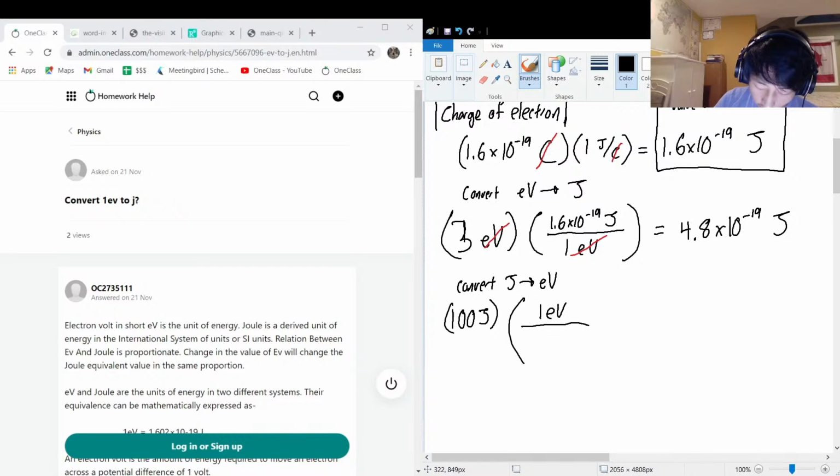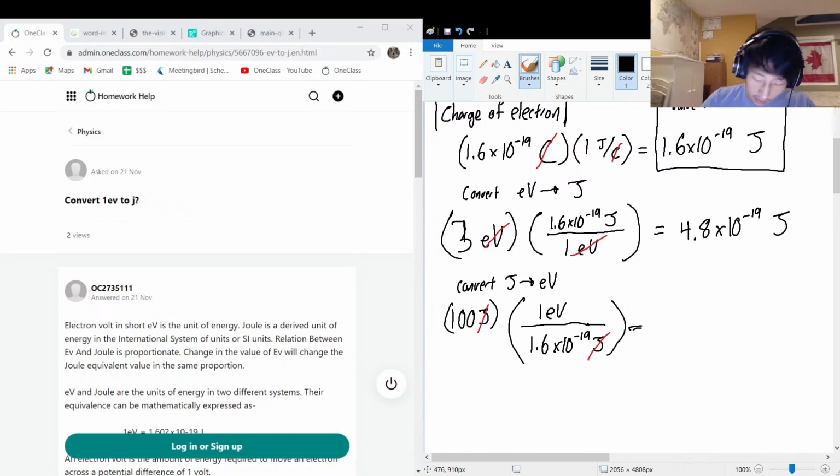So we know that we have 1 electron volt per 1.6 times 10 to the negative 19 joules. The joules on here neutralize the joules up there. And the result of this, well, pulling out the handy dandy calculator to find out: 100 divided by 1.6 times 10 to the power of negative 19.